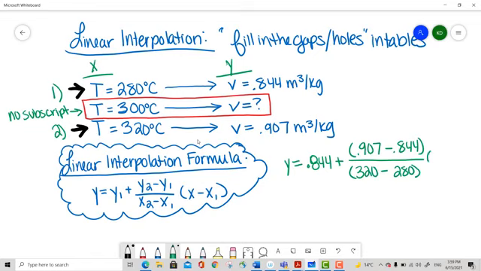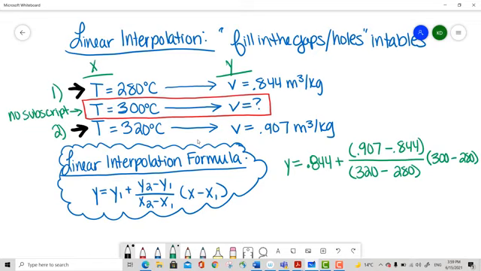That is all multiplied by x, no subscript, so here's our x, 300, minus x1, which is 280. Again, what you would do first is subtract within the parentheses, and then follow your order of operations.